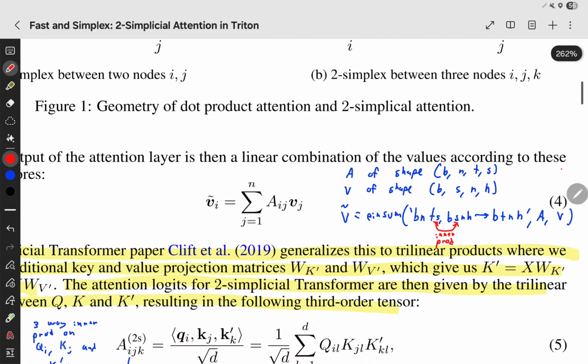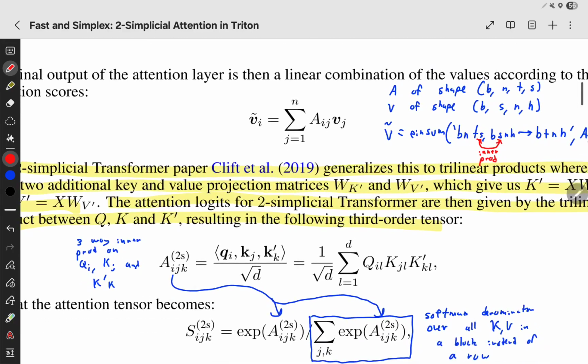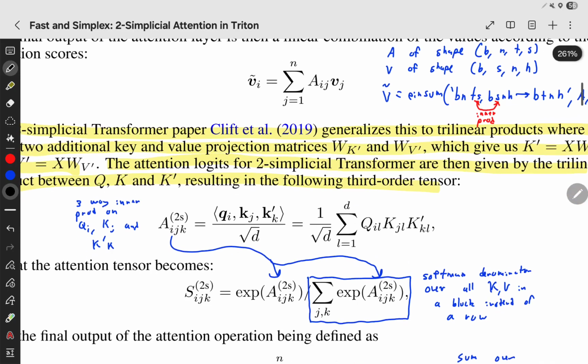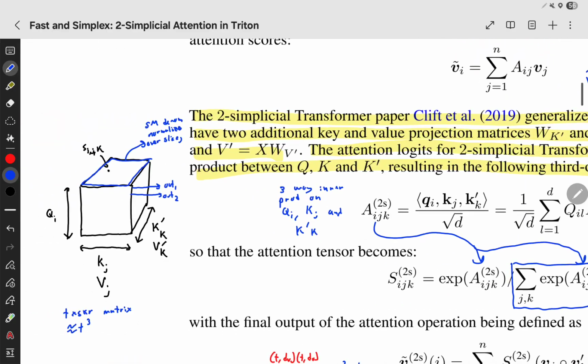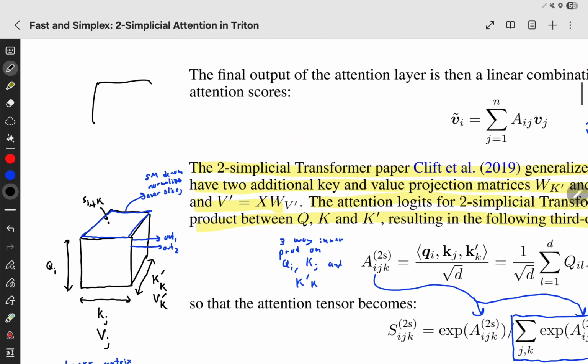So enough of 2D attention. We all know and love two-way attention. How do we add a third axis? To do that, they use this trilinear form, which is basically a three-way inner product. So instead of having an attention matrix which looks like this, QK, where this is T and S, we're just going to extend the attention matrix, just like you would probably think.